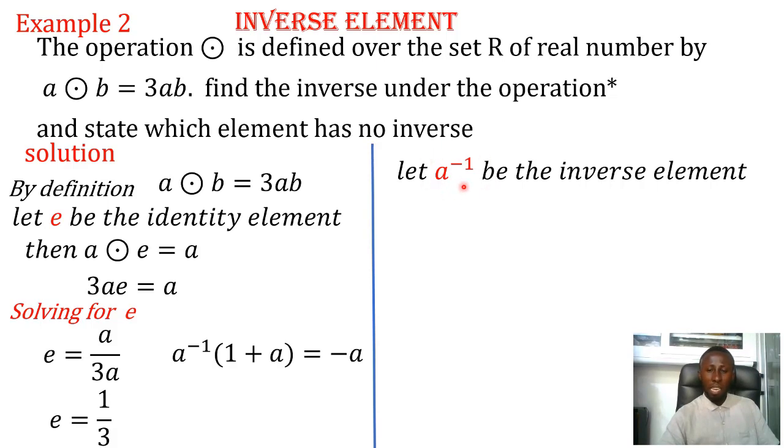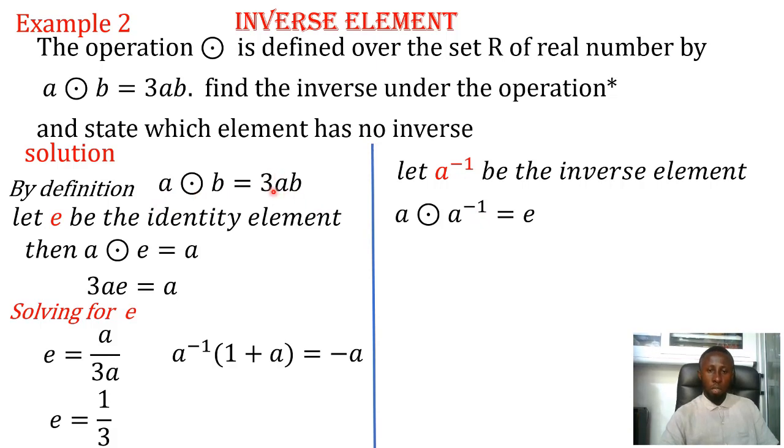So let A inverse be the inverse element. Therefore, A operation A inverse is equal to the identity element. Now, I know the identity element is 1 out of 3. And now we are going to substitute this into the equation. So our A is still A. Now, our B is A inverse. We substitute that into this definition.